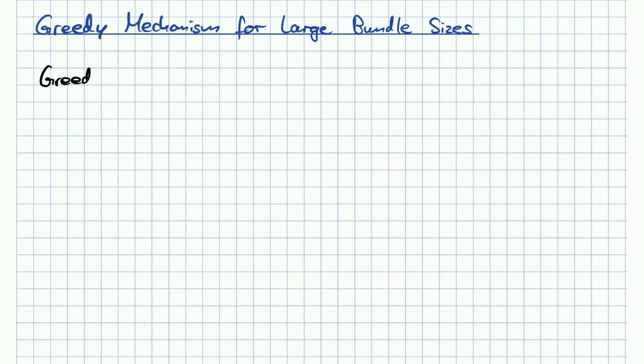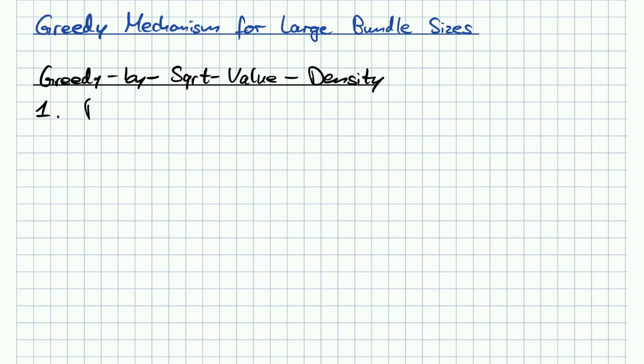So I call this greedy by square root value density. And what we do is we reorder the bids again.